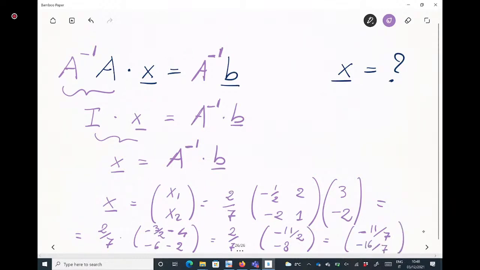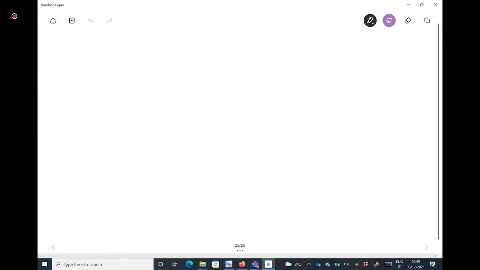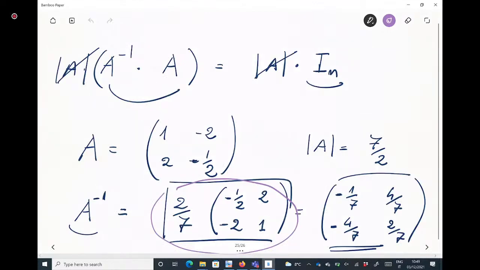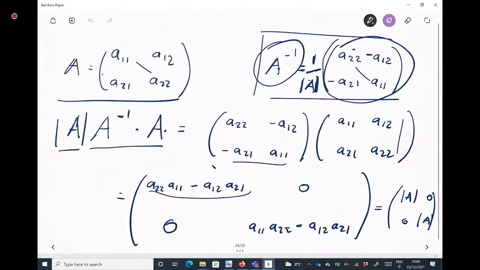Okay, so in our example, this is called the matrix inversion method to solve linear systems with a square coefficient matrix. Matrix inversion method, and the solution is this one, which is the same as the one we obtained with Cramer's rule, which is another method to solve linear systems.